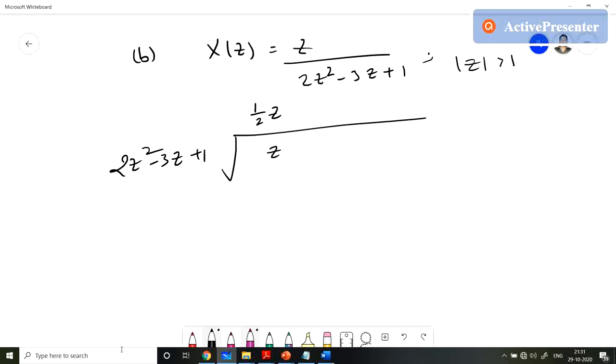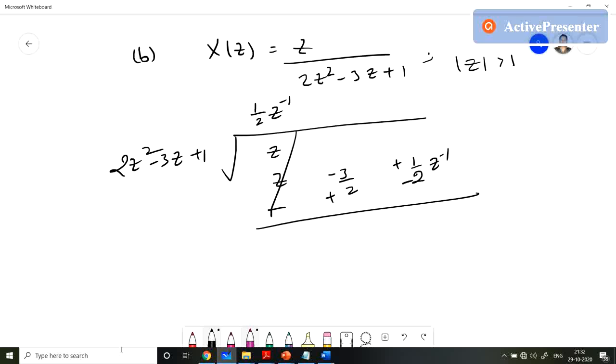Let us start. First we multiply by 1 by 2 z inverse, so we get z minus 3 by 2 plus 1 by 2 z inverse. It is minus plus minus, so here we will get 3 by 2 minus 1 by 2 z inverse.